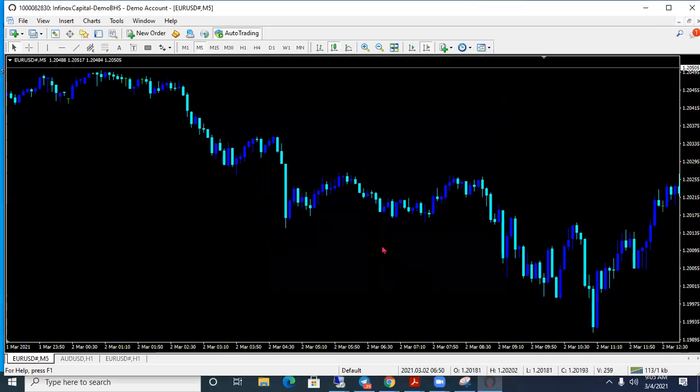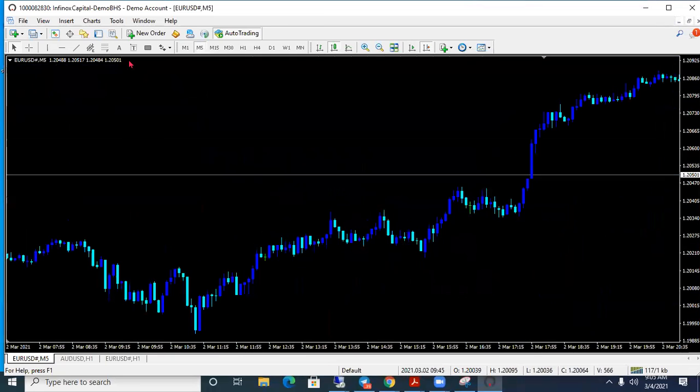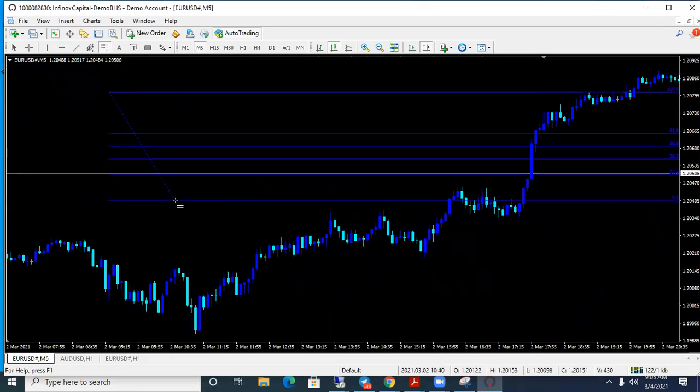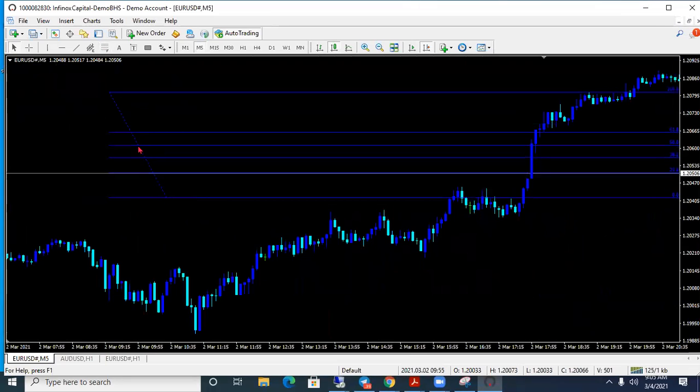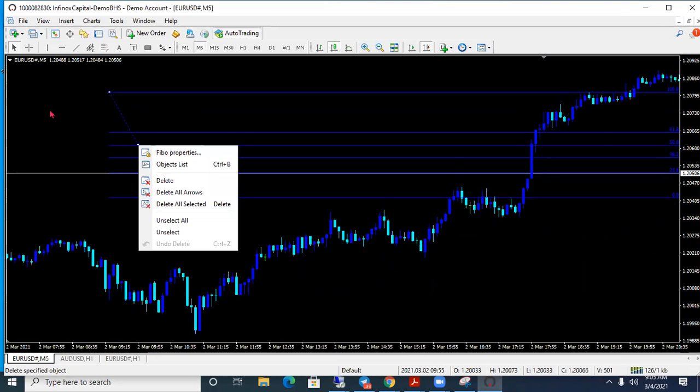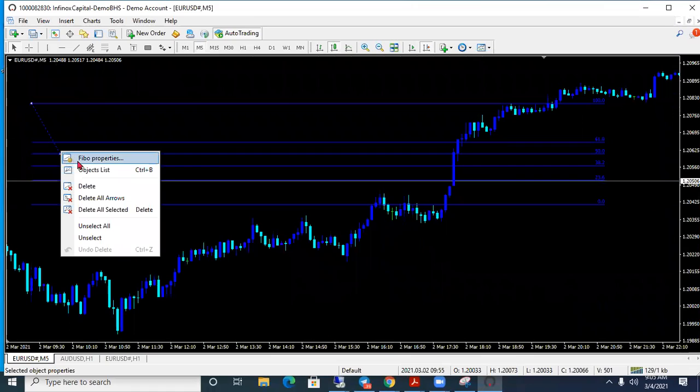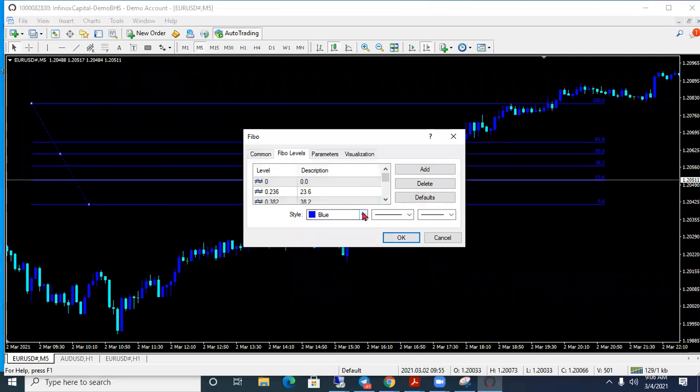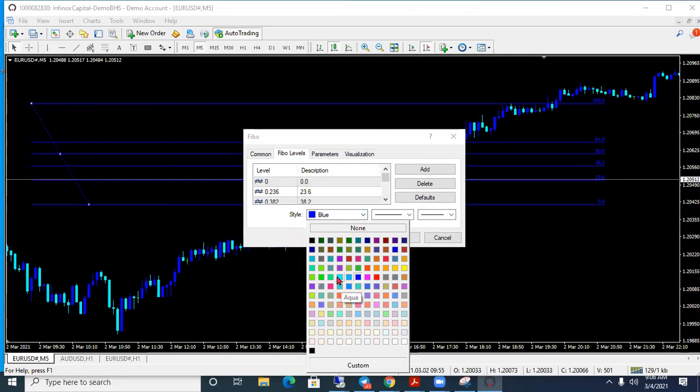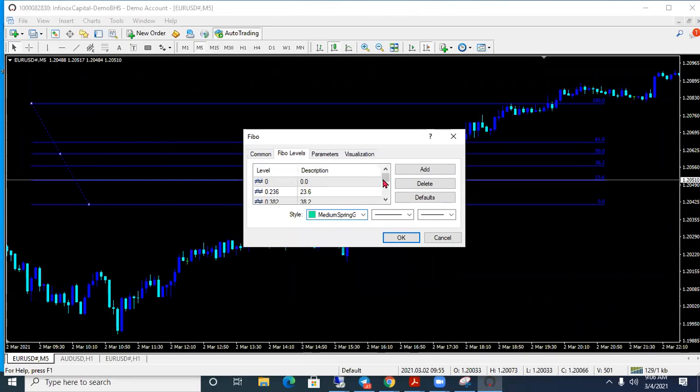Okay, so we have this now, and I want to draw my AQZ fib. If I pick up my fib, traditionally it looks something like this, right? So I'll highlight it, and you can do this on mobile or on your desktop, all the same. You go to Fibo properties. Of course, if you want to change the color to something more visible, you might want to change that if you feel like. Here is where you're going to fix all the details.